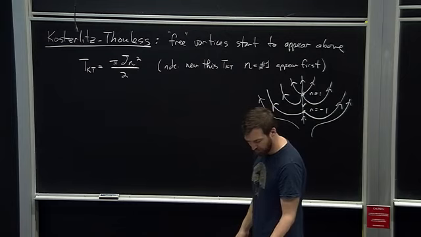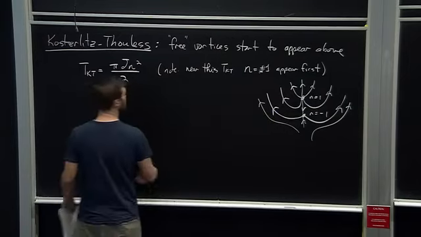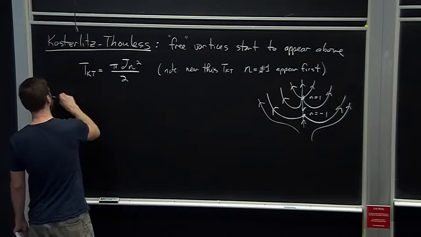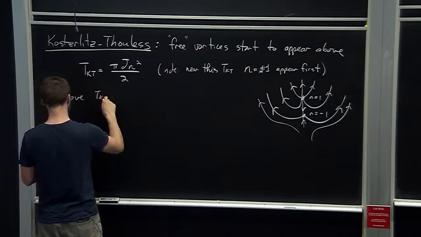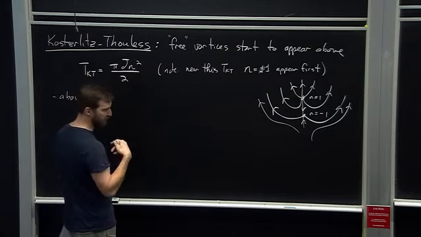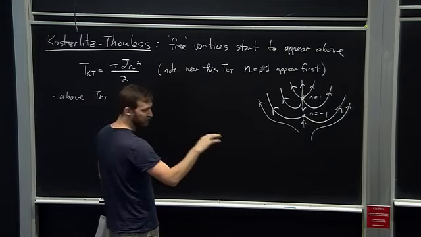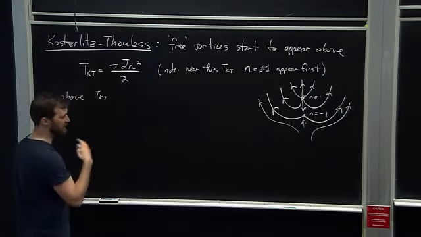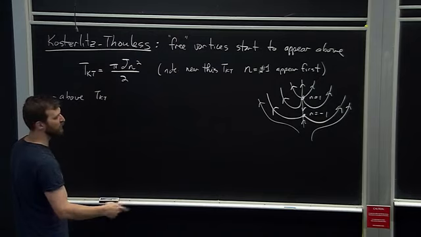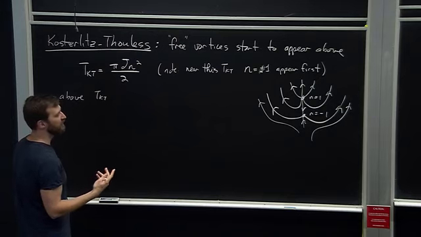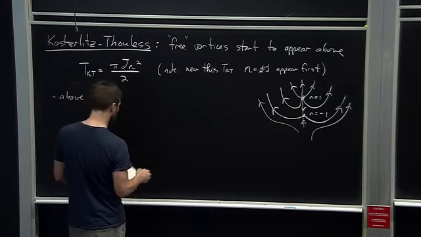Okay, and below, so, okay, above first is easier. Above T_KT, we expect a proliferation of vortices. And these things kill all the long wavelength fluctuations, like the long wavelength spin waves, if you want to call them that, which we considered in the treatment of the nonlinear sigma model. So remember, this is sort of outside that long wavelength treatment.